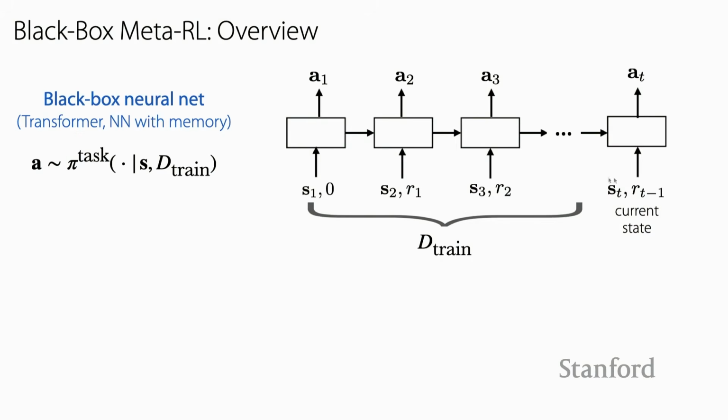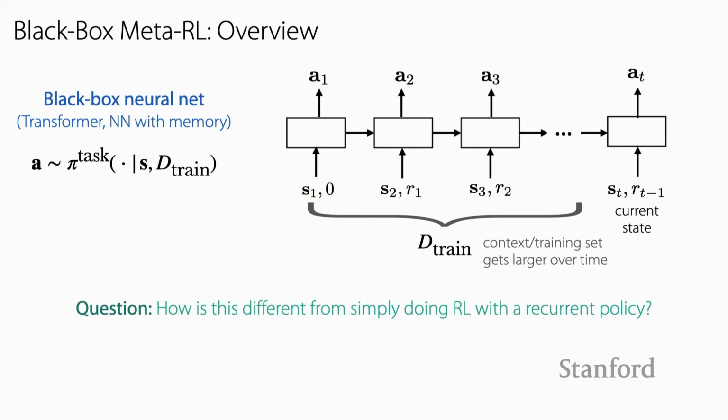So here, this is the current state. This context, or training data set, is going to get larger over time as we collect more experience in a given MDP. Now, a question for you.